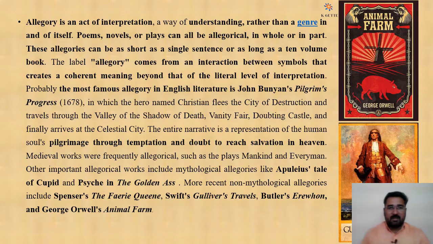The label allegory comes from an interaction between symbols that creates a coherent meaning beyond that of a literal level of interpretation. Probably the most famous allegory in English literature is John Bunyan's Pilgrim's Progress, in which the hero named Christian flees the city of destruction and travels through the valley of the shadow of death, Vanity Fair and Doubting Castle, and finally arrives at the celestial city.